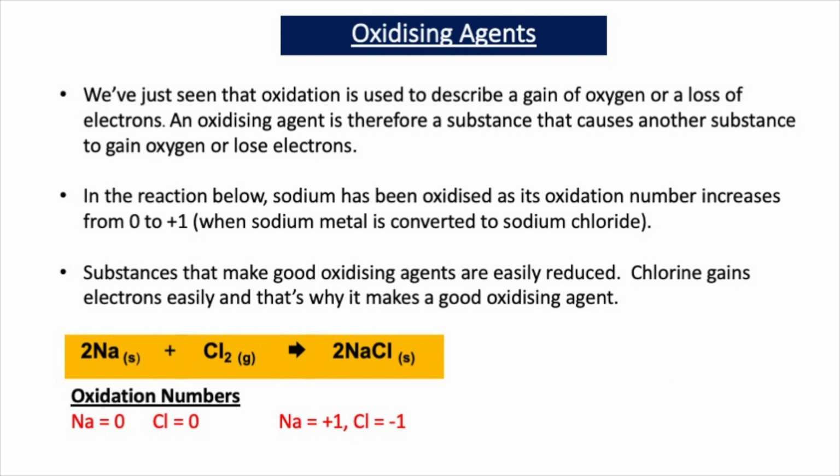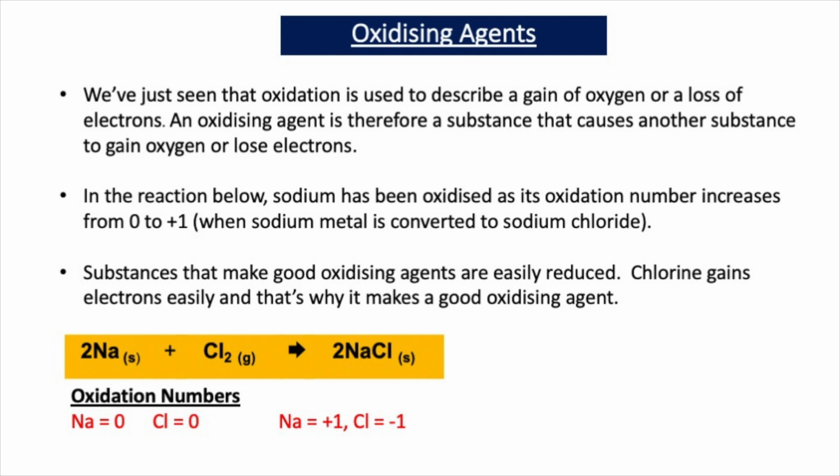Now if we look at the reaction we've just studied, we have sodium metal reacting with chlorine to form sodium chloride. And sodium is 0 oxidation state as it's an element, and when it changes to sodium chloride it's +1 oxidation state. That is a loss of 1 electron. Sodium going from 0 to +1 is oxidation.